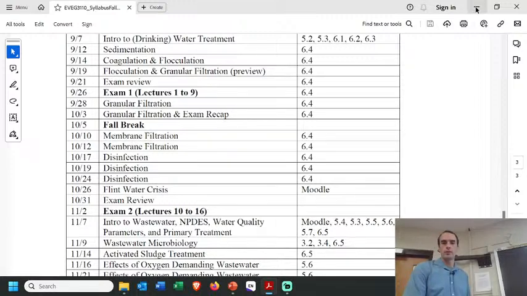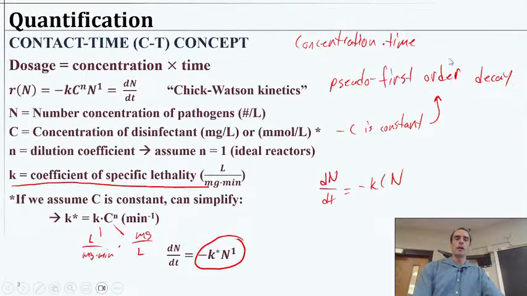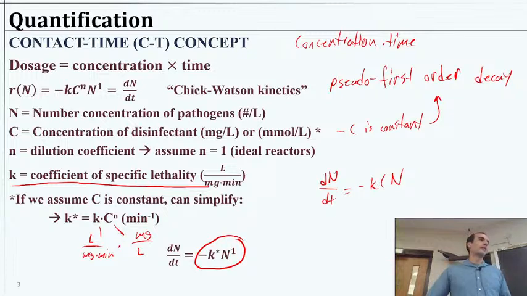All right. So last time we left off, we had talked a little bit about disinfection byproducts, and went on to talk about that contact time discussion, describing this equation that's going to go into our mass balance to describe the rate.